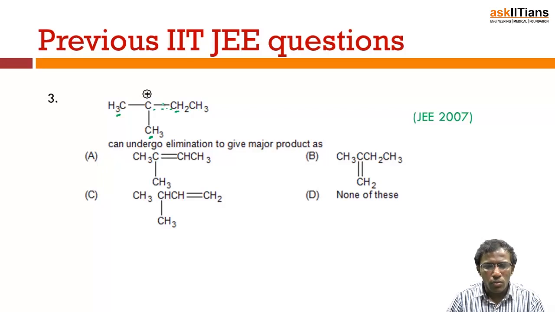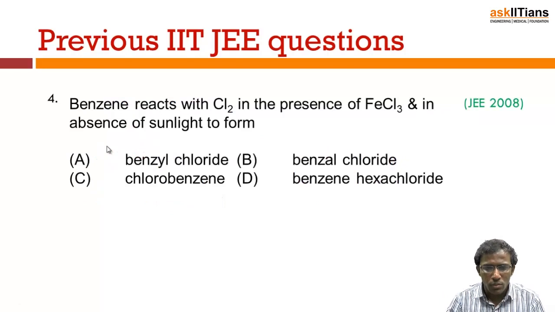So the product after elimination will be the most substituted alkene, which is this one. This is terminal and this is also terminal, so terminal ones are not going to be formed, as they are not more substituted. This is more substituted. So 3 will be our answer.